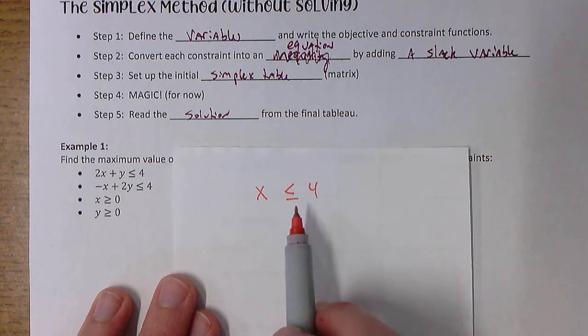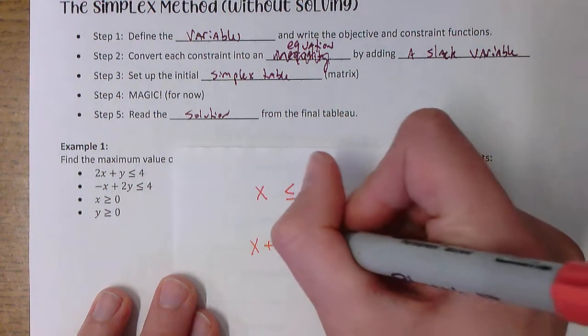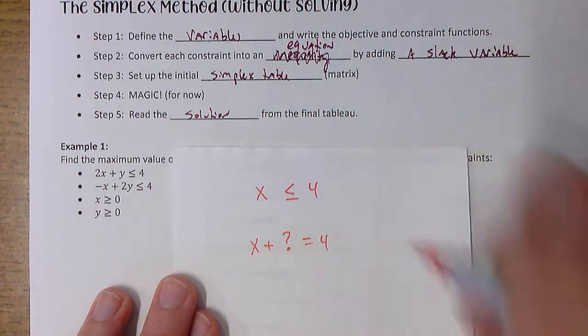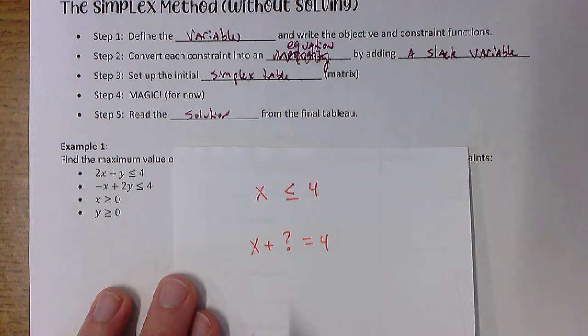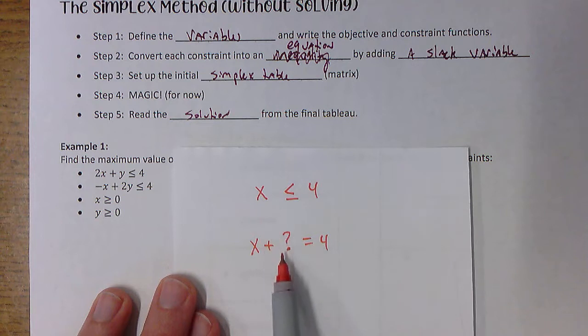If x is less than 4, then that means there has to be some number that when you add it to x will make it actually equal 4. For example, if x was 1, 1 is less than or equal to 4, and I could add 3 to it to make it equal 4. If x was 0, then I could add 4 to it to make it equal.